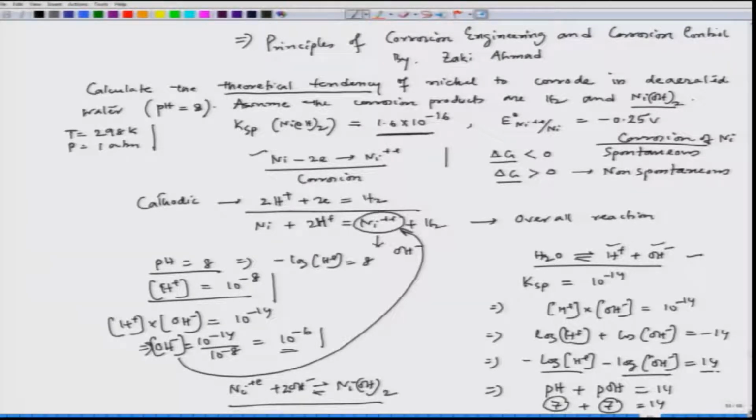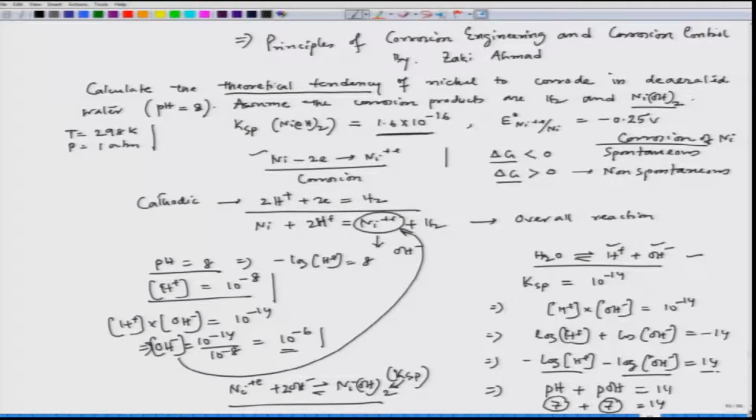The amount of Ni2+ available in the system would be decided by the Ksp of Ni(OH)2, because once Ni(OH)2 forms, its limited solubility would allow a little bit of Ni2+ ion to be present in the solution.